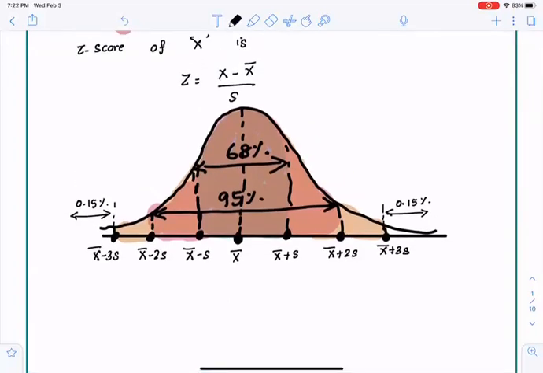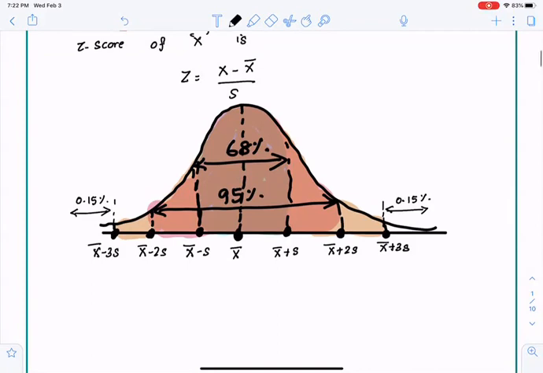Before we get to that, I'm going to rewrite this expression, and we will say that the observation corresponding to a z-score is given by this formula.